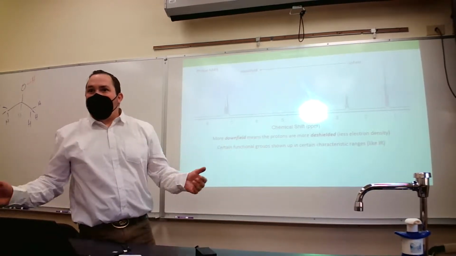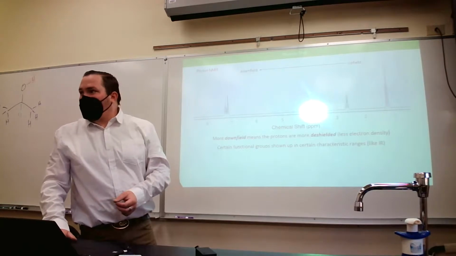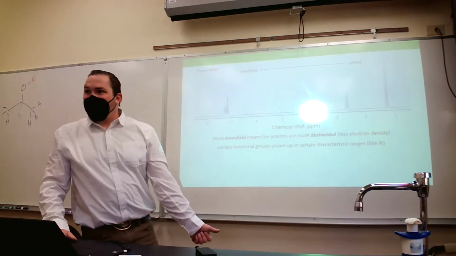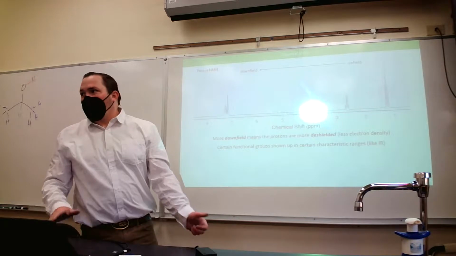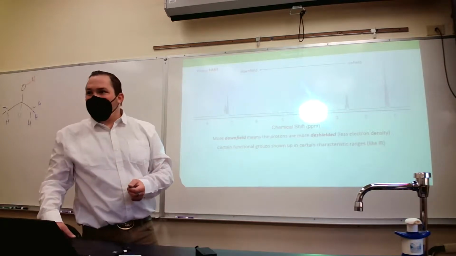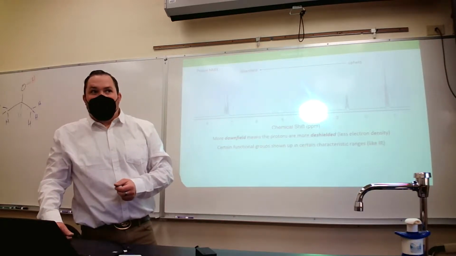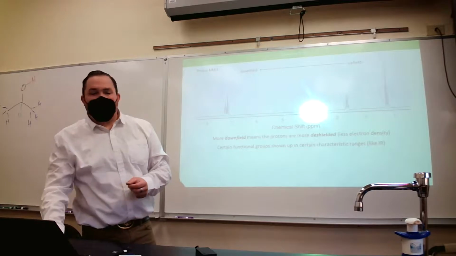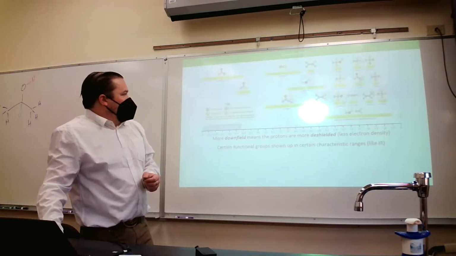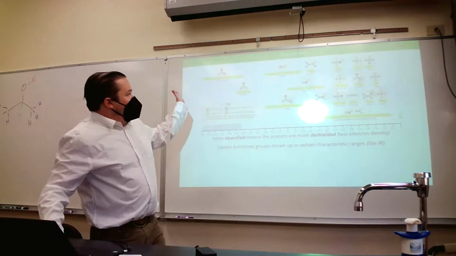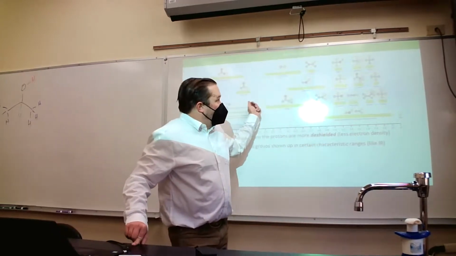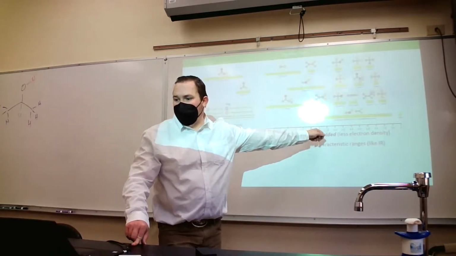In IR, if it was a big broad peak above 3,000, you knew it was an OH group. If it showed up below 3,000, but close to it, then it was sp3 carbon hydrogen bonds. So just like with IR, we also have a list of characteristic frequencies.